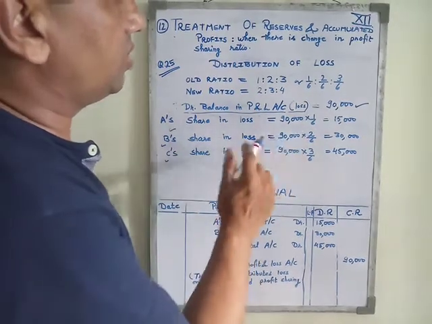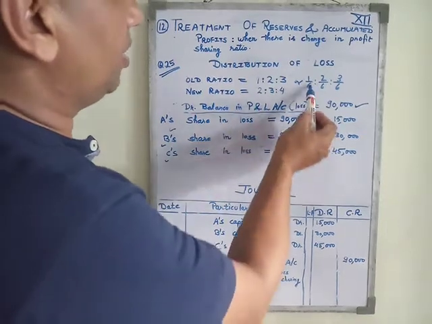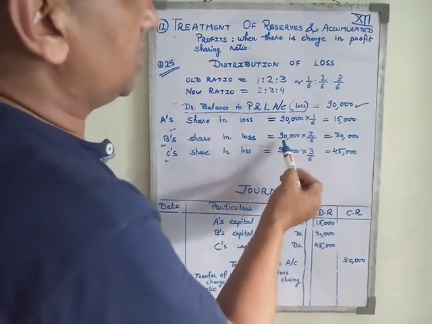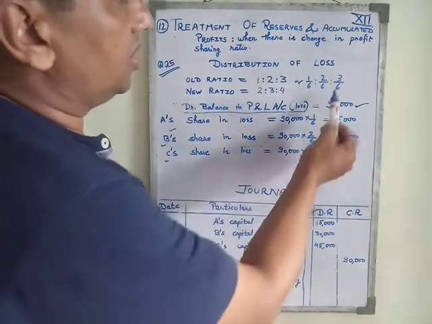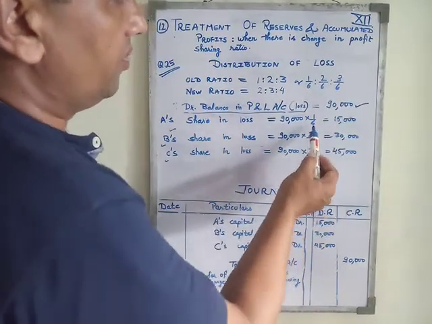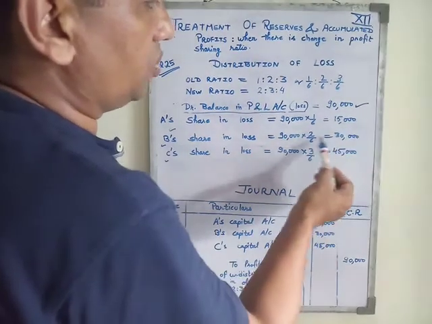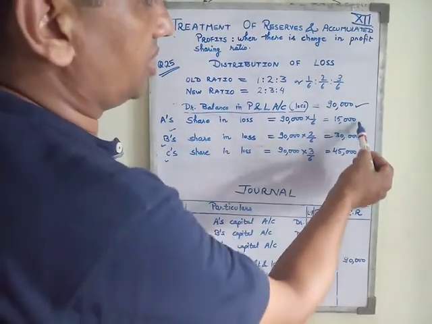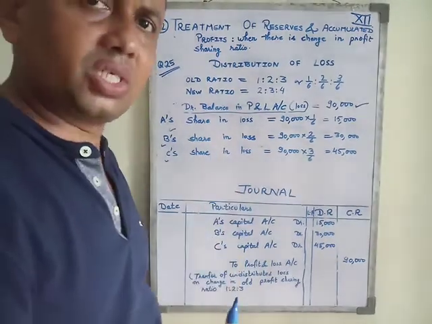A's share is 90,000 into 1/6, B's share is 90,000 into 2/6 and C's share is 90,000 into 3/6. 15 6s are 90, so 15,000, 15 2s are 30, 15 3s are 45. This is the distribution of loss between A, B and C.